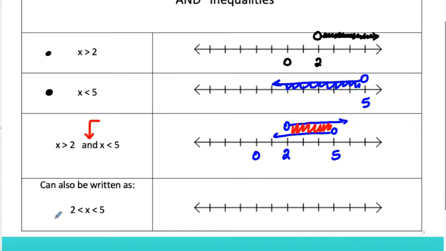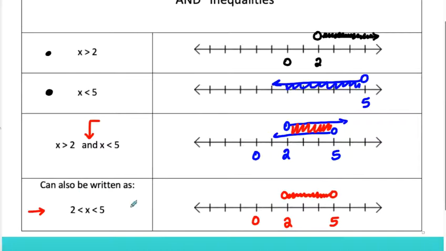Now, it also could be written as one inequality with the x, the variable, in the middle. With the variable in the middle, it's a little bit easier to see. So here's my 0, here's my 2, here's my 5. I want everything from 2 all the way to 5, and my answer is everything in between.